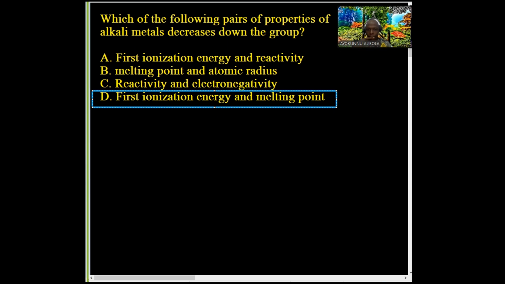What is the explanation behind that? And why will it increase from right to left? Does it have anything to do with the number of electrons in the outermost shell?